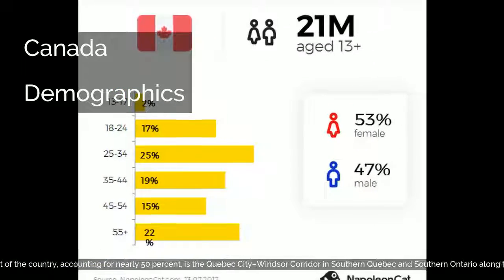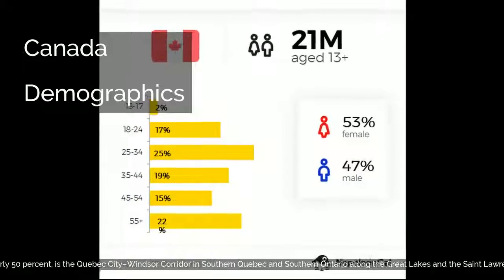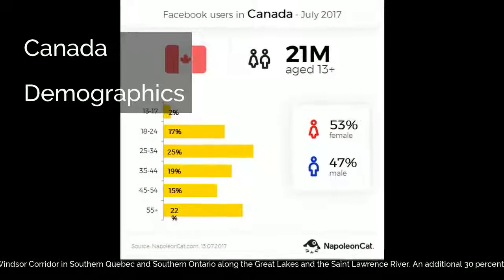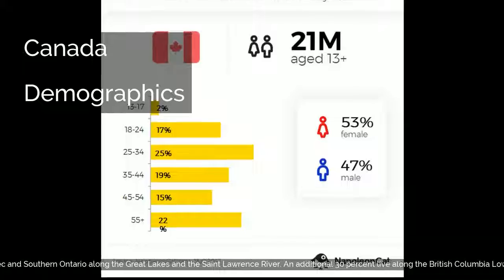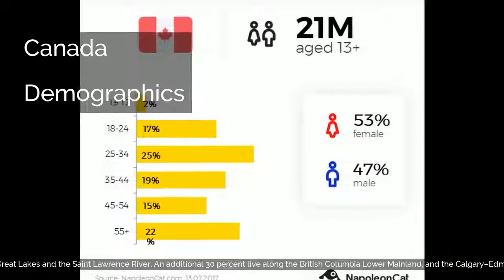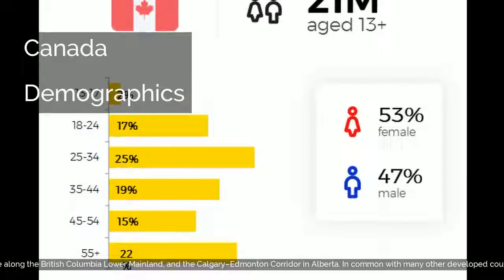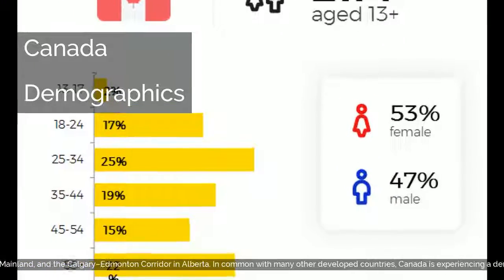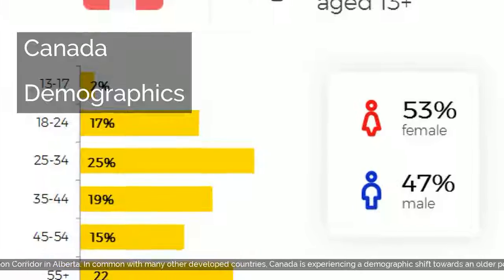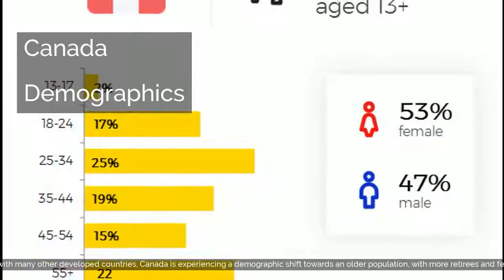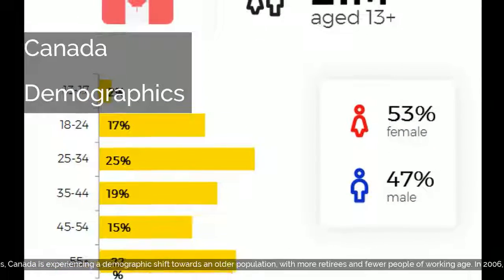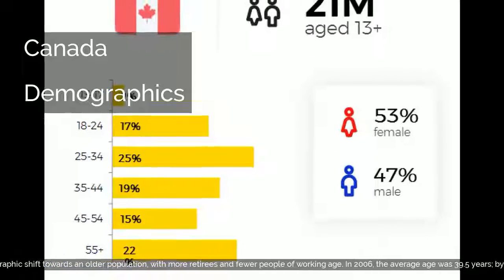About 4/5 of the population lives within 150 kilometers, 93 miles, of the contiguous United States border. The most densely populated part of the country, accounting for nearly 50%, is the Quebec City-Windsor corridor in southern Quebec and southern Ontario along the Great Lakes and the St. Lawrence River. An additional 30% live along the British Columbia Lower Mainland, and the Calgary-Edmonton corridor in Alberta.